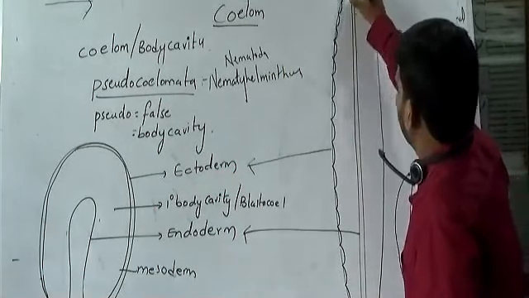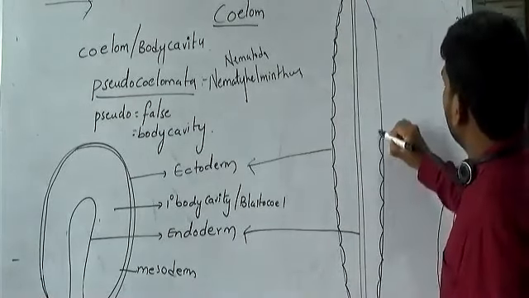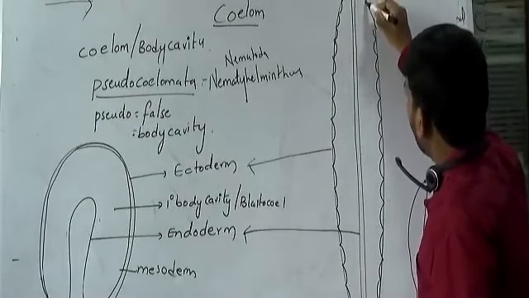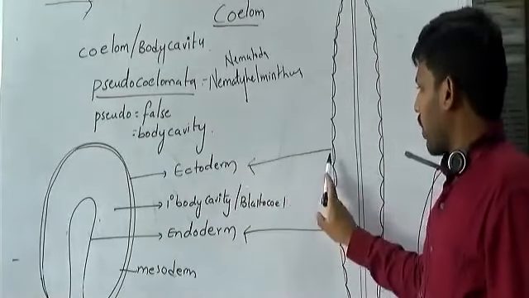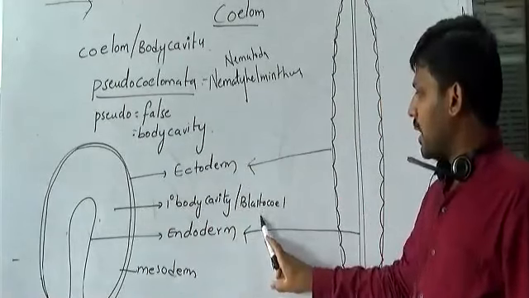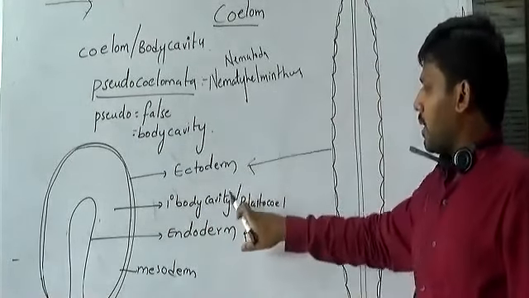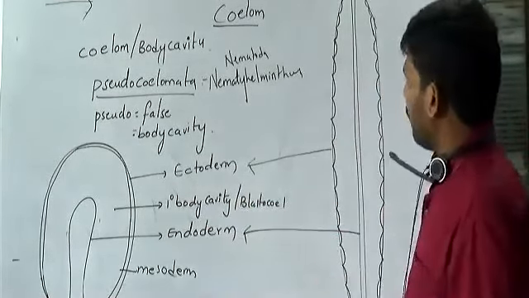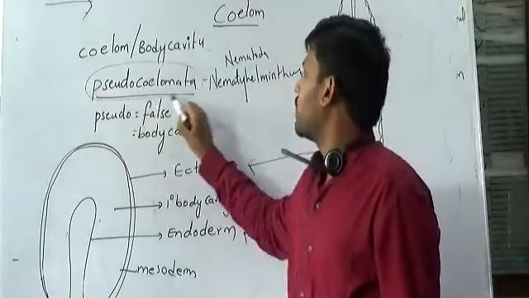And hence this kind of coelom is considered pseudocoelomata, in the phylum Aschelminthes or Nematoda, right? So this is the ectoderm, and this is the primary body cavity, or blastocoel, which is present here also, because the mesoderm found here is not lined with the endoderm. Therefore, such a kind of coelom is called pseudocoelomata.